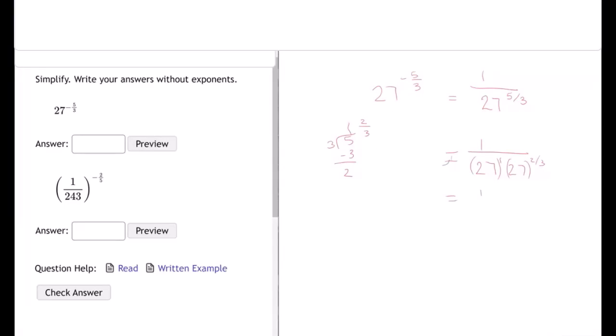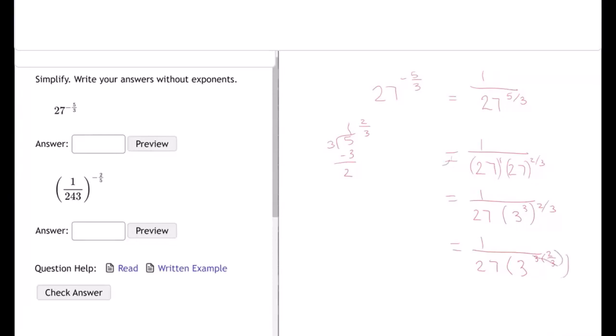This is equal to 1/27. Now, how do I find 27 to the 2/3 power? Well, I factor 27, and I know that that is going to be 3 to the 3rd power to the 2/3 power, which is equal to 1/27 times 3 to the 3 times 2/3 power.